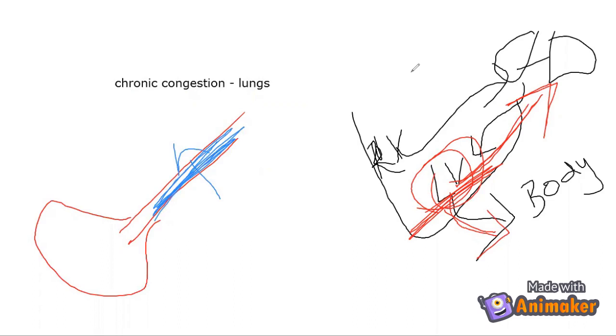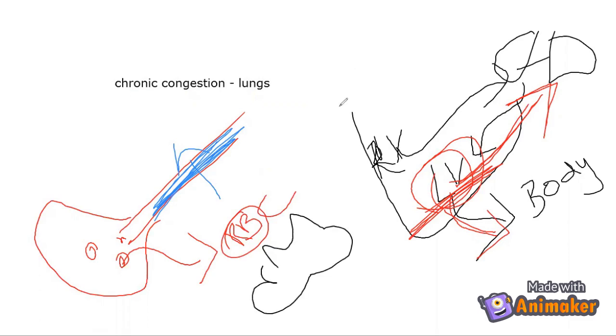As a result, the RBCs which are present in the blood will be pushed out, and they will be engulfed by the macrophages, and they will make what we call the heart failure cells.